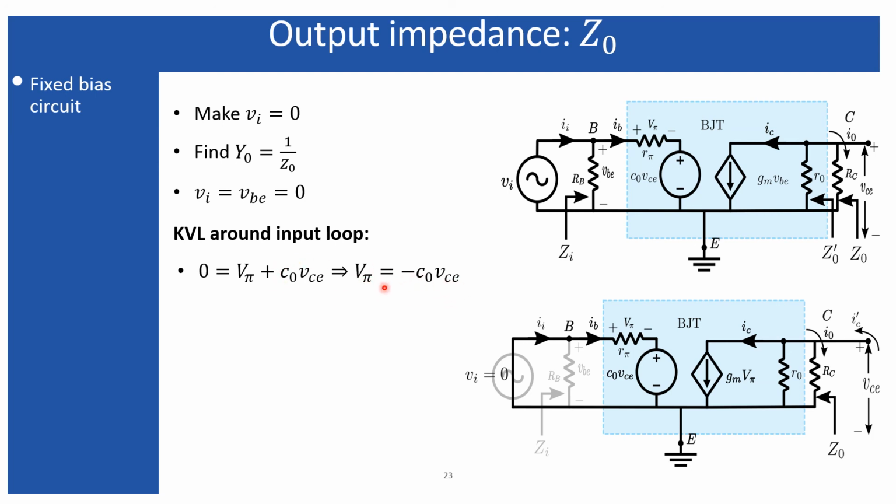Initially in our circuit model, we have seen that this current source is defined as Gm times Vb. But Vb being equal to 0 does not mean that this current source will also be 0 in this particular case, because the KVL around the input loop shows that V pi is equal to C naught times Vc.